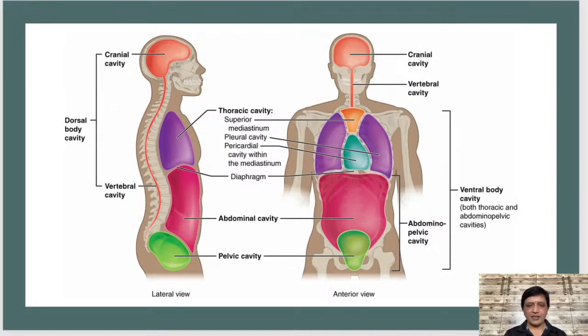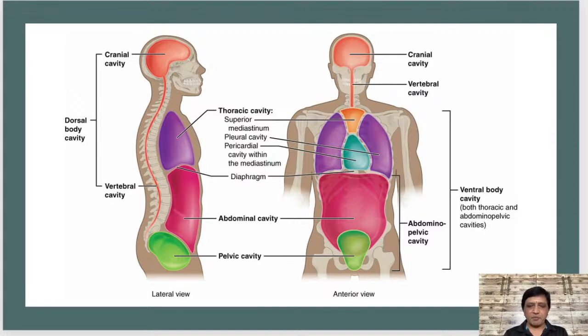We have three cavities that are important in our breathing: the chest cavity, consisting of heart and lungs; the abdominal cavity, consisting of the digestive system, and of course the kidneys. Then we have the pelvic cavity, consisting of urogenital organs, and also other systems like the urinary bladder and excretory system.